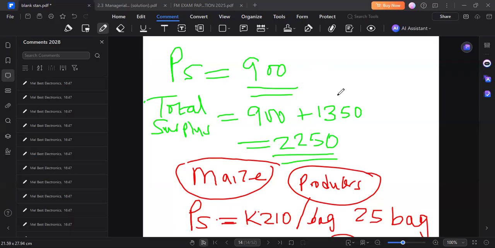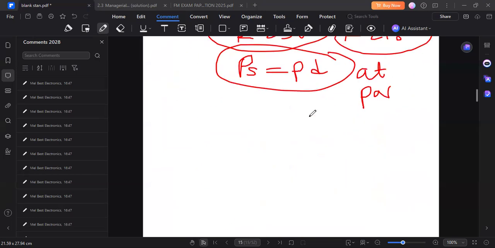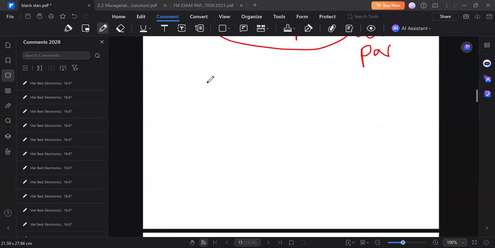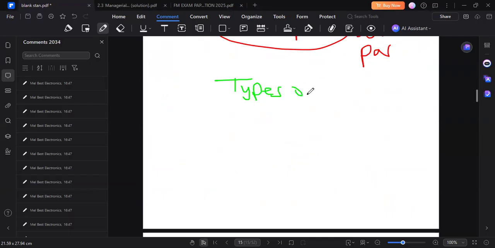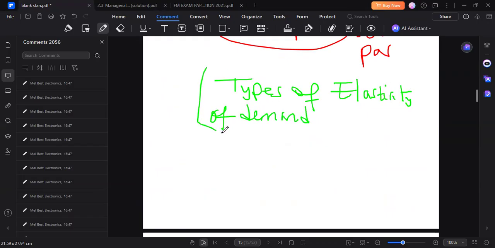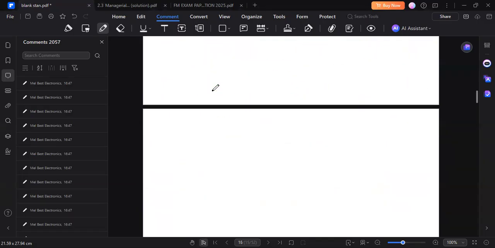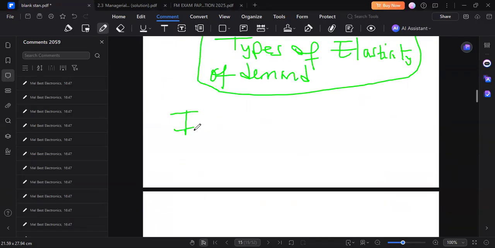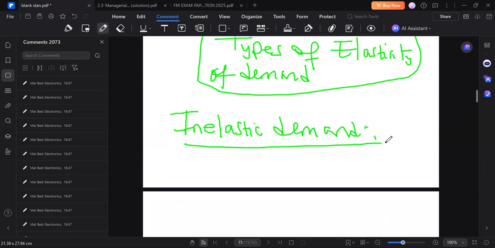So what is going on here is that we just look at the types of elasticity of demand. Under this one, we have inelastic demand. So what is this demand?